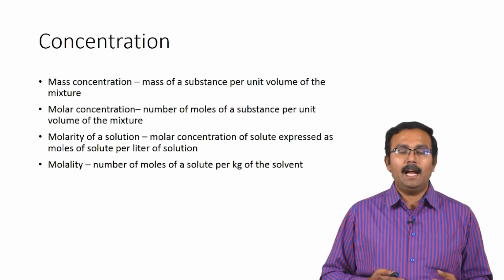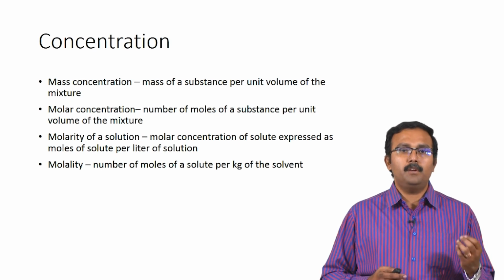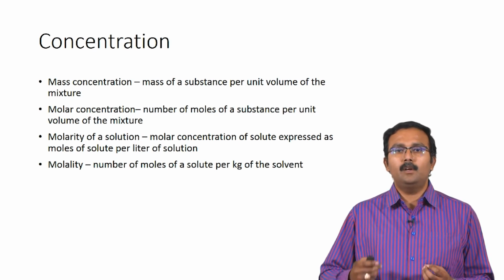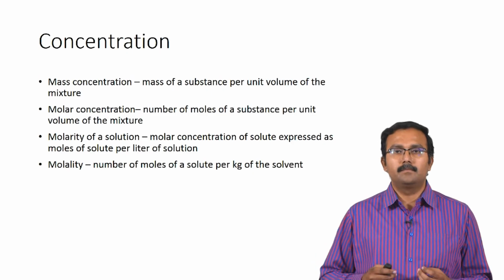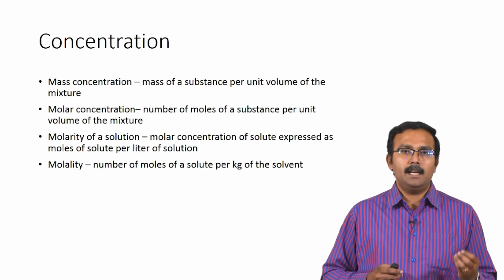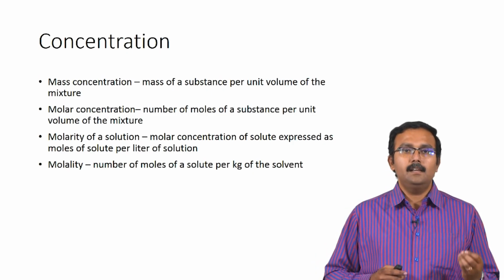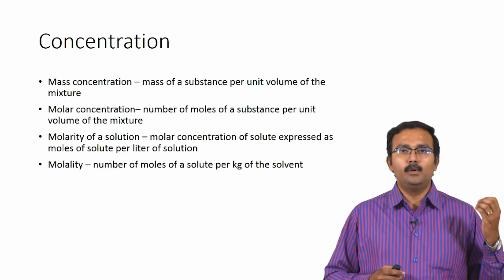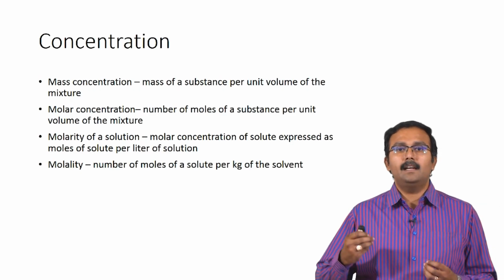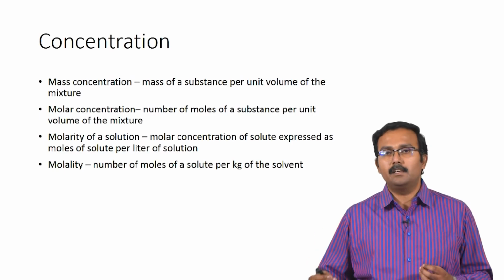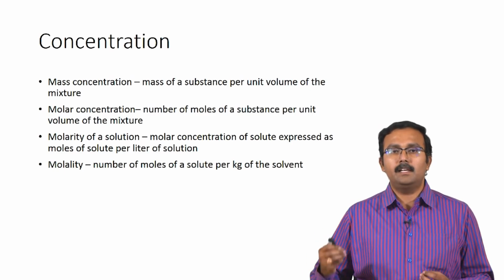You also have molality, which is number of moles of a solute per kilogram of the solvent. So, please understand that molality uses number of moles of the solute in the numerator and kilograms of the solvent, not the solution, but the solvent, in the denominator.